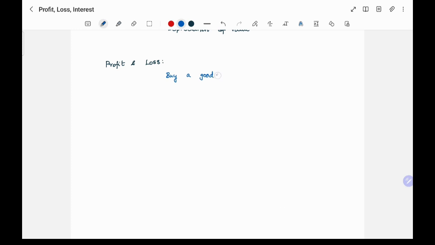Let's say we buy goods at some price, and then if we are also a businessman, we sell them at another price. The price we buy at is called cost price, denoted by CP, and the price we sell them at is called the selling price, and it is called SP.